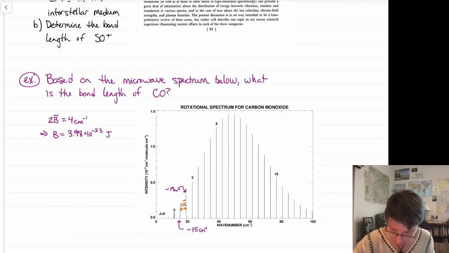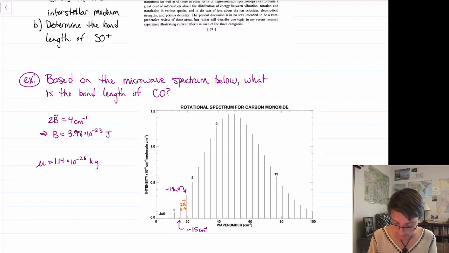I'll show you the Excel spreadsheet I'm using in just a moment to calculate this, but again, it's really helpful to use Excel in these situations. We've already calculated mu for a carbon monoxide molecule, so let's write down that value one more time, again in units of kilograms so that we avoid unit conversion errors. Given that we know B and we know mu, solving for our equilibrium bond length is not too bad.